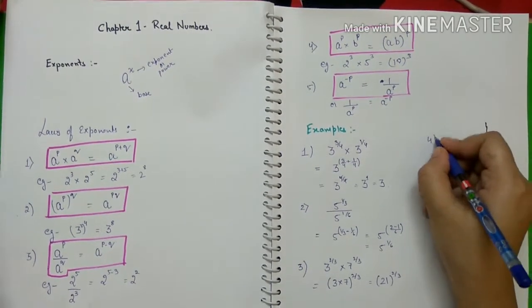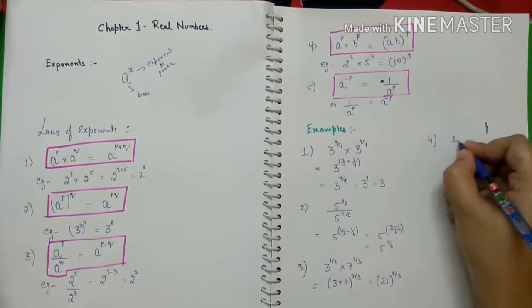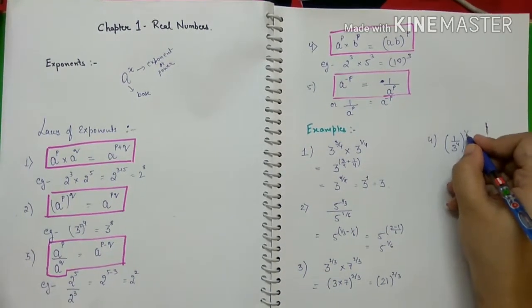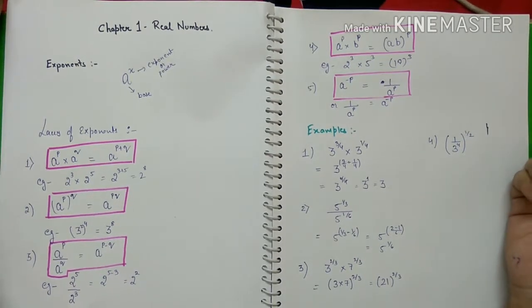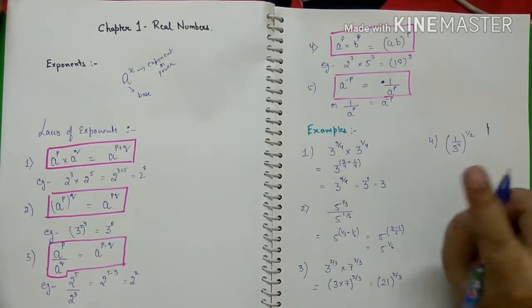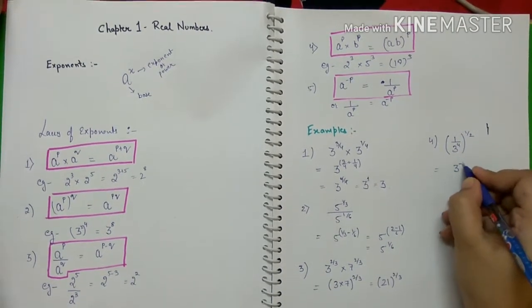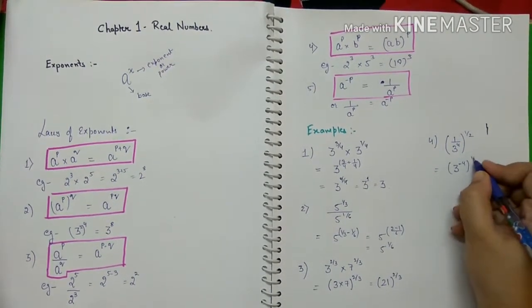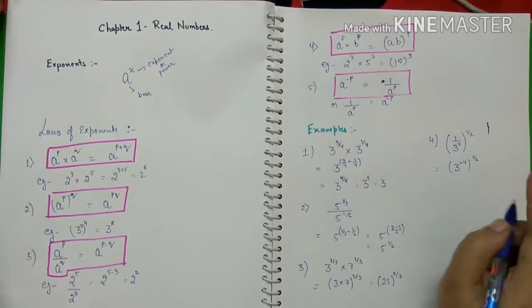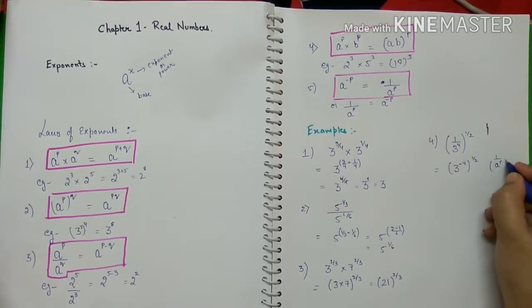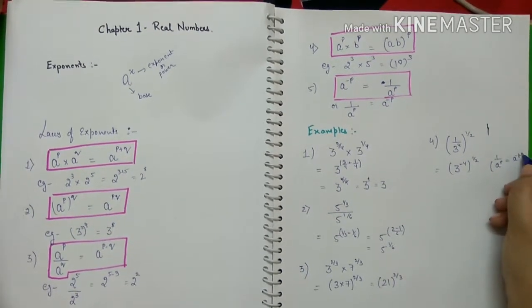Our fourth example is 1 upon 3 raised to power 4 whole raised to power 1 by 2. Now if you can see, we can use the fifth law in it. As we can say the reverse of it, this becomes 3 power minus 1 upon 4 whole raised to power 1 upon 2. Again, here we have used 1 upon a raised to power p is equal to a raised to power minus p.